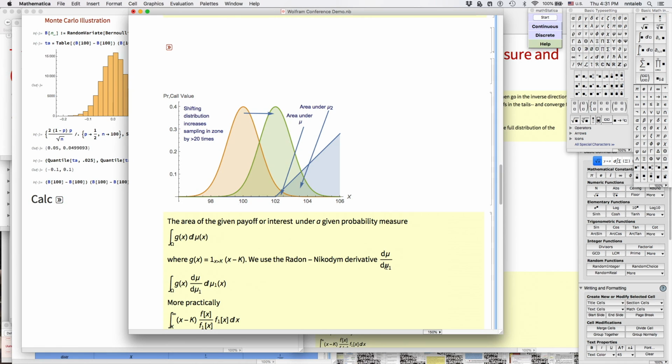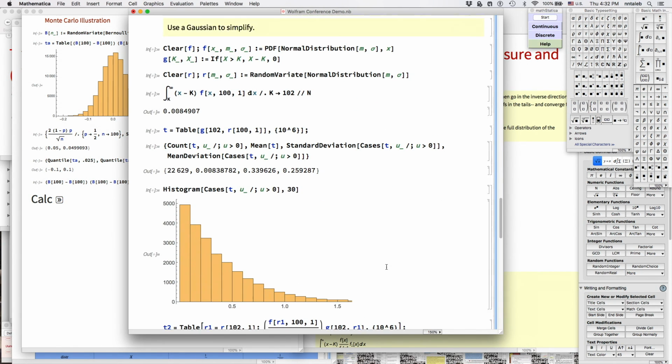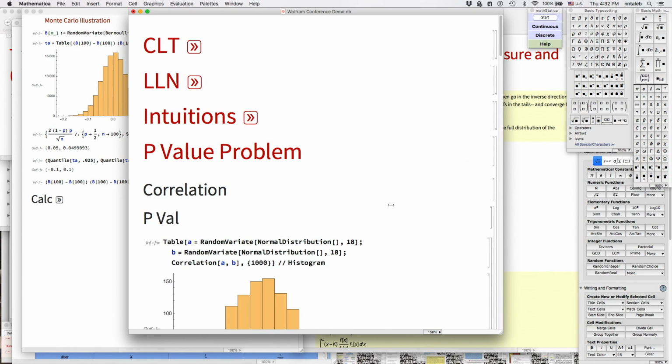I shift the distribution. I do my Monte Carlos. Instead of having 3% of my observations, now I have 50% of my observations at or above that point, and then do a change of measure, a probabilistic change of measure, and that way I'm multiplying my sample size hugely, and I get a lot more accuracy for cheap. So these are some of the techniques that you can still use. It still saves money.